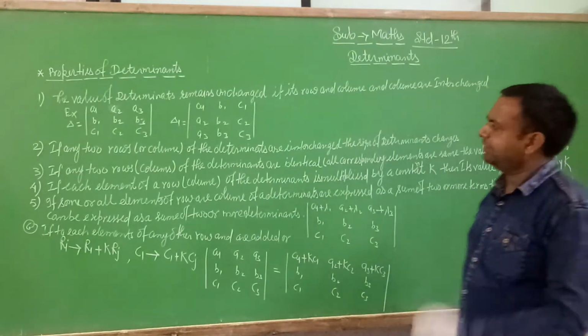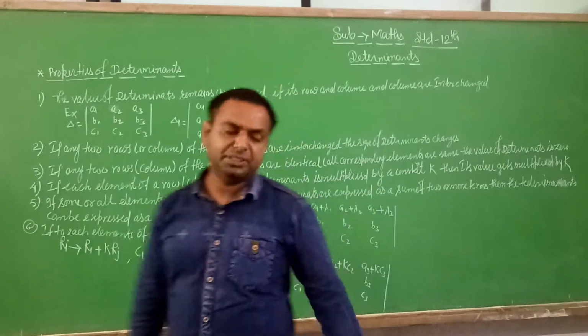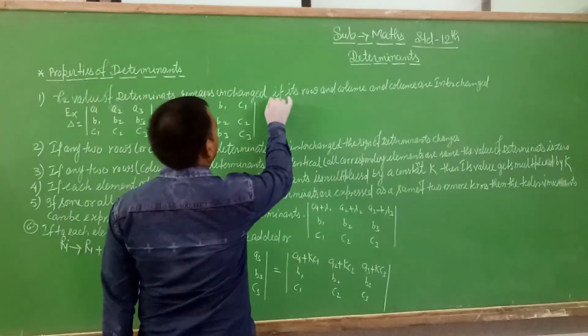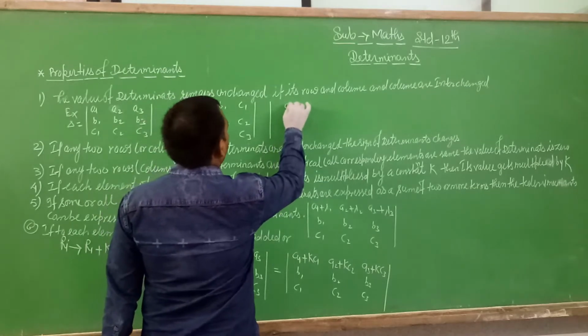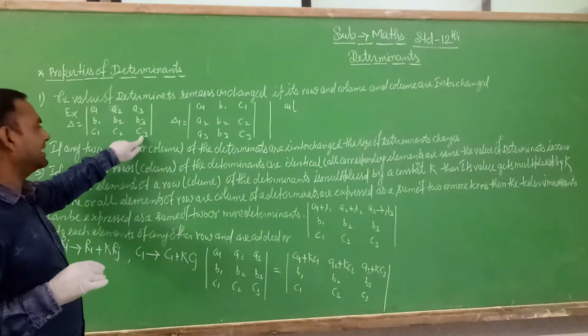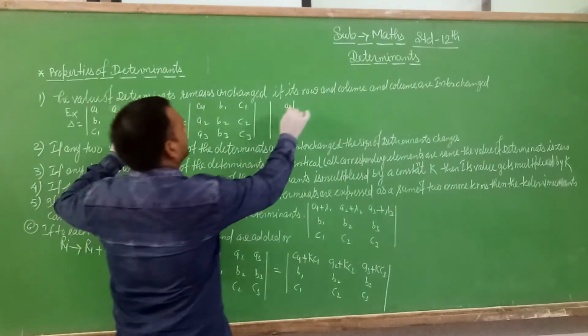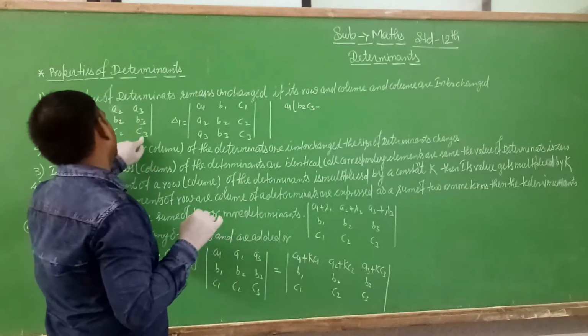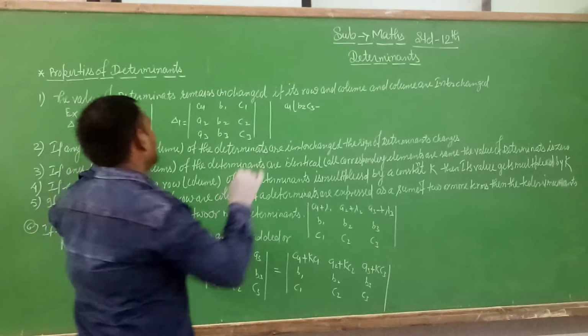How can we show this? First we solve, then you will understand. For the first determinant, expand along A1: A1 times B2 C3 minus C2 B3.